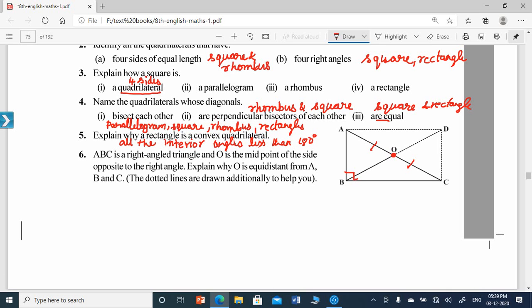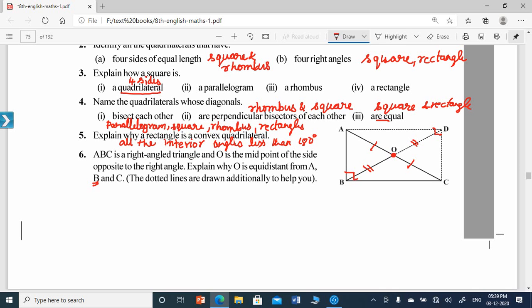Now you have to explain why O is equidistant from B. To answer that, extend BO to OD such that BO is equal to OD. Now a rectangle is formed. ABCD is a rectangle.